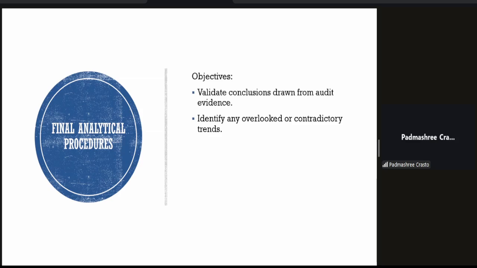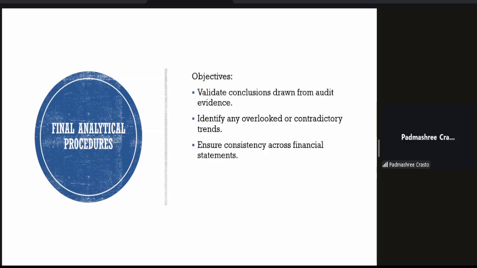So when we do the analytical reviews from the start to the beginning, we are in a flow, we understand what is sitting there. And then this will be the final stage where I am actually corroborating my understanding and also looking at any overlooked or contradictory trends that are there.